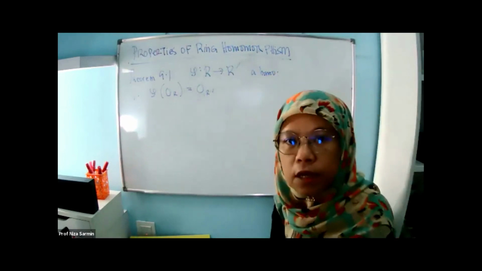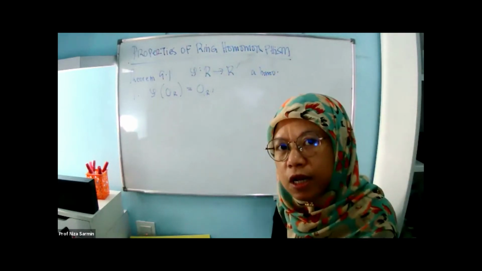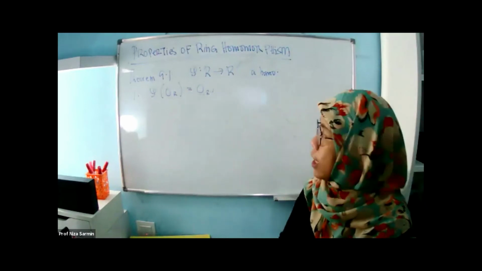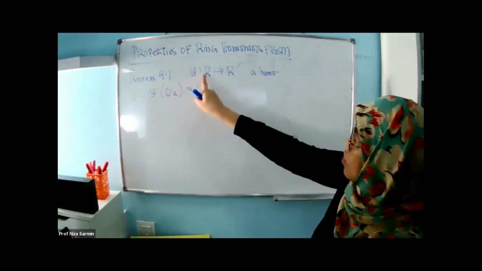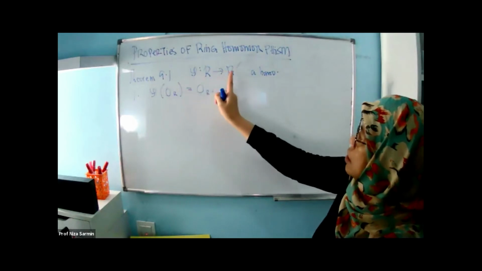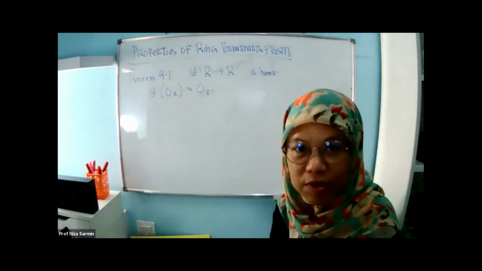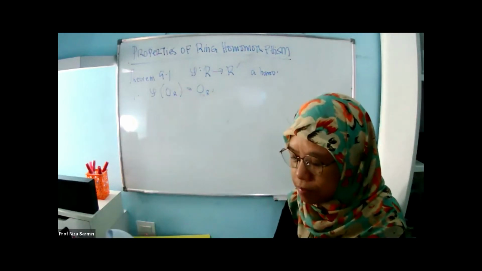If phi is a homomorphism from the ring R to the ring R', then the 0 in here is mapped to the 0 in here. The same thing as group homomorphism, right? Okay.